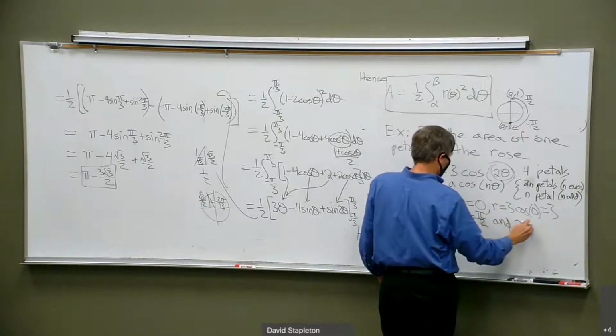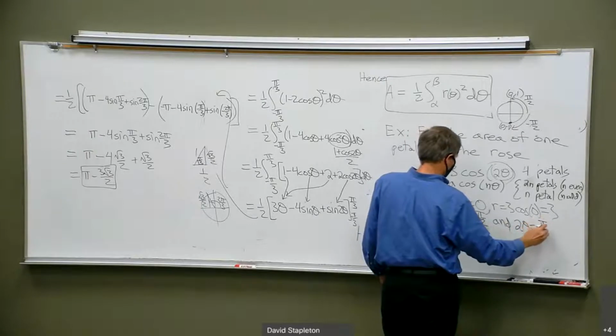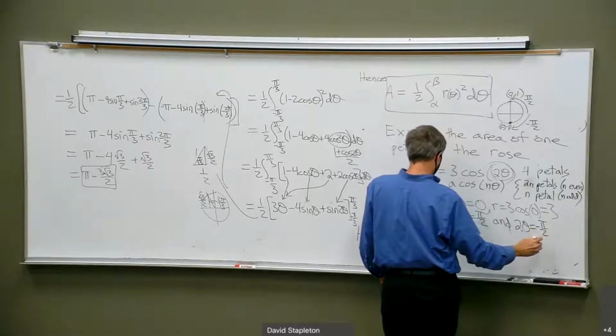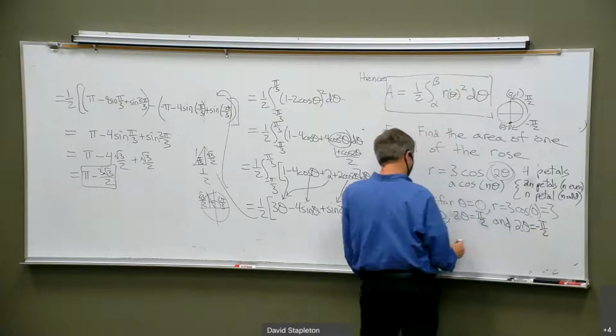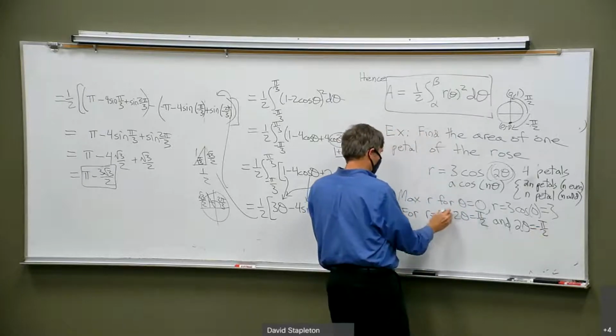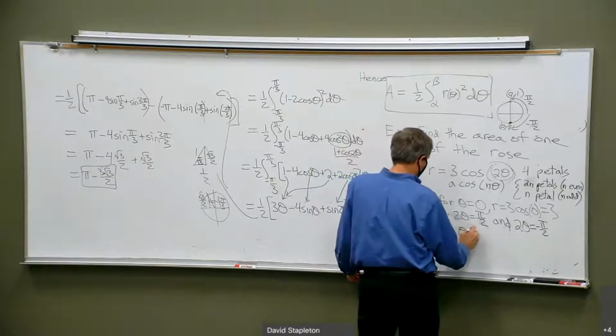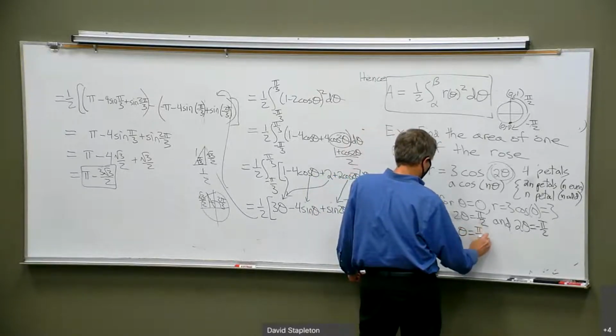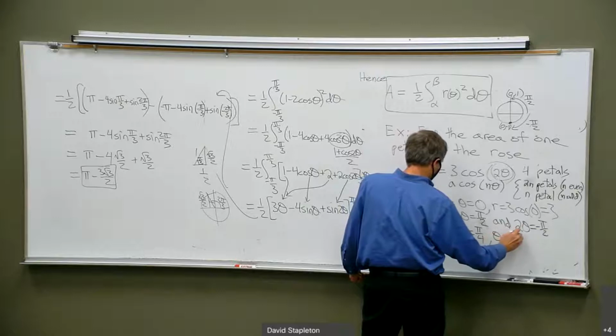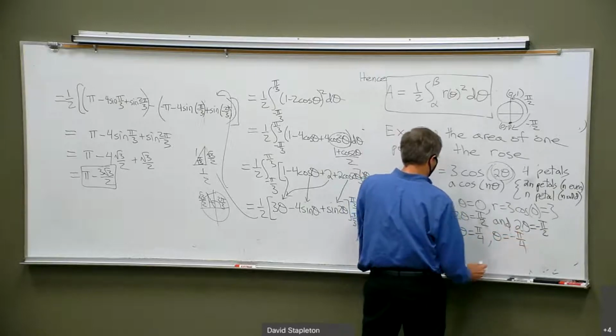And 2 theta equal minus pi over 2 this time. Which means that theta equals pi over 4 when it ends, and theta equals minus pi over 4 when it begins. Now we know how it works.